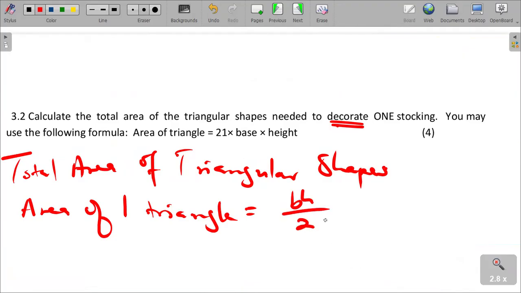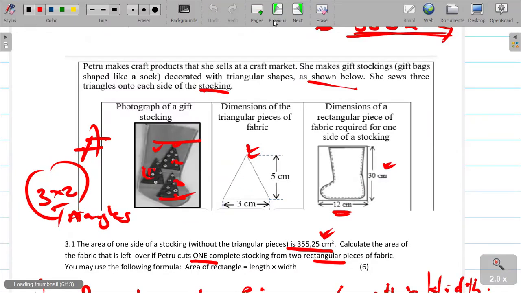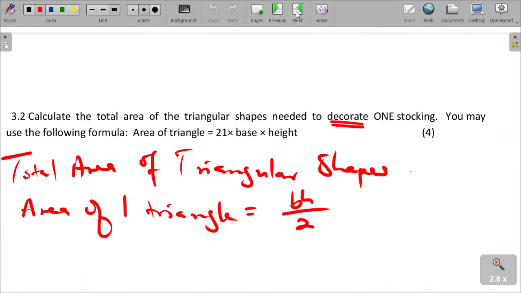In this case, we are given that our base is 3 and our height is 5.